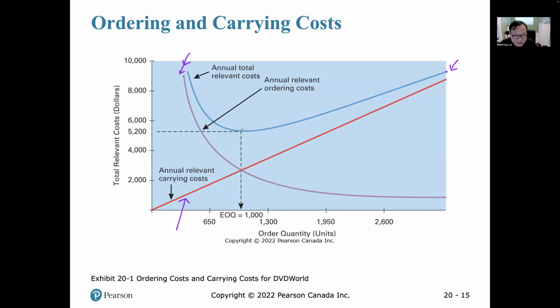It has a minimized value here. See? Right here. That purple dot, at that quantity, you achieve the lowest cost of ordering. At that point, your total cost is the lowest. And that is the square root of 2 times PD divided by C, right?